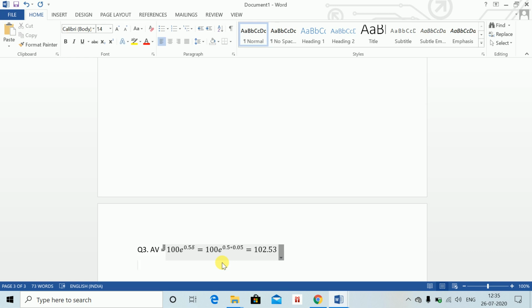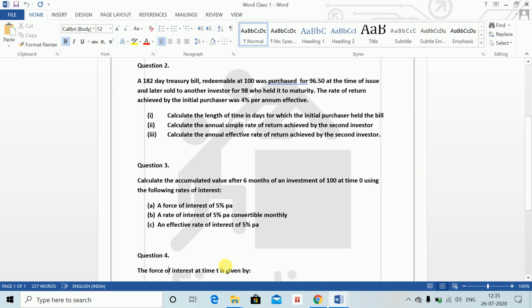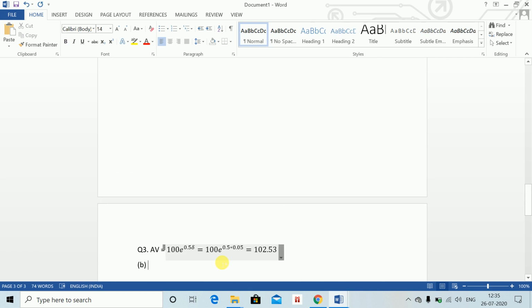Next is part B: a rate of interest of 5% per annum convertible monthly.